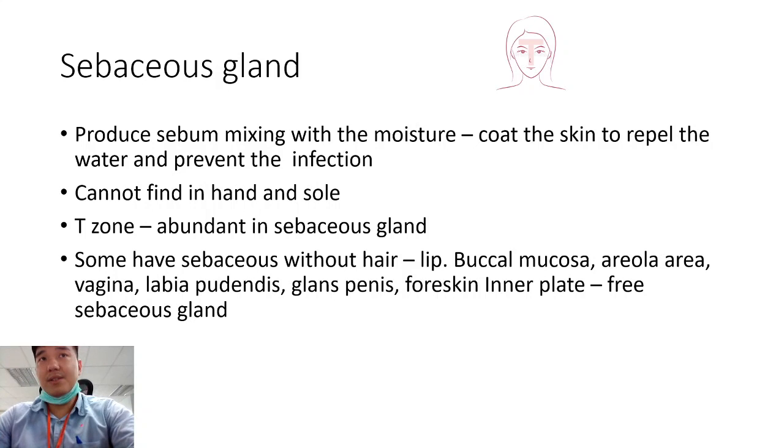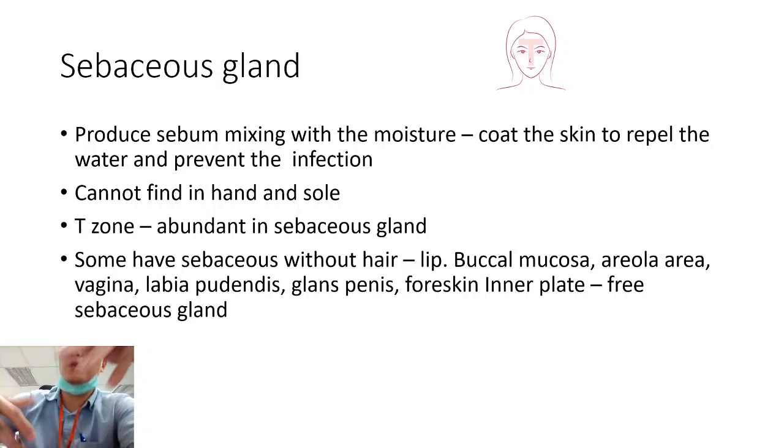Next are the glands. We will continue with the sebaceous gland, the one that actually connects with the hair. The sebaceous gland produces sebum, which moistens and coats the skin. This repels water from going in and out, and also prevents infections from easily penetrating the skin.